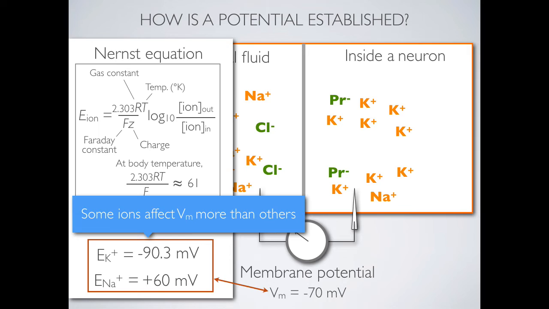Yeah? Does it have to do with how many orbitals or how many electrons it has in its orbital? Good guess, but no, it's not about electrons. Yeah? Is it size? No, we'll treat both ions as very tiny. Any other guesses? So potassium seems to matter more. Why is potassium more effective at affecting the membrane than sodium? Yeah.